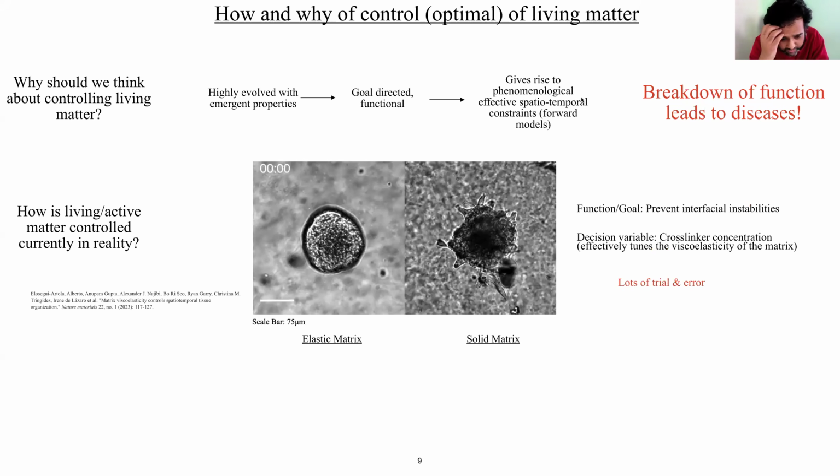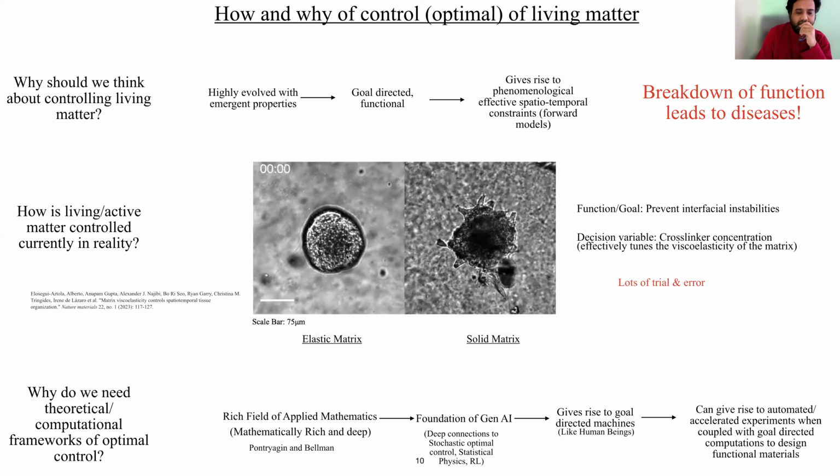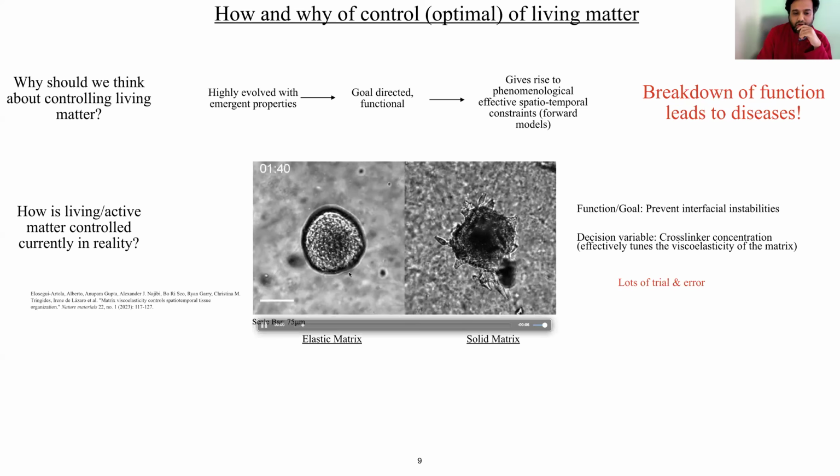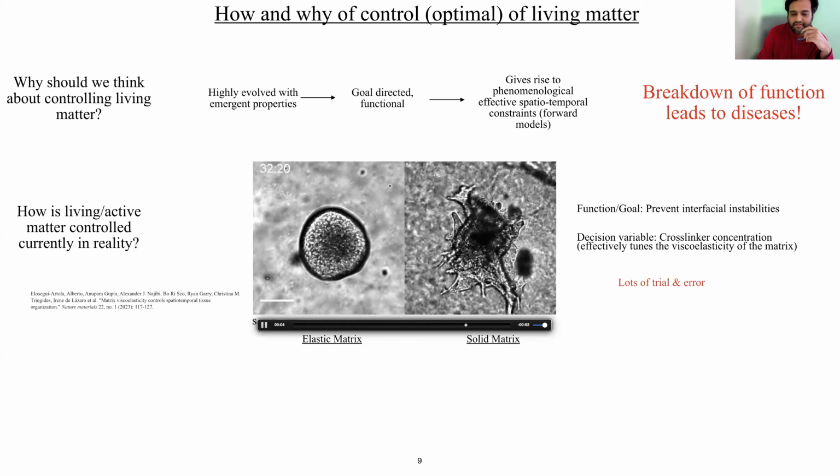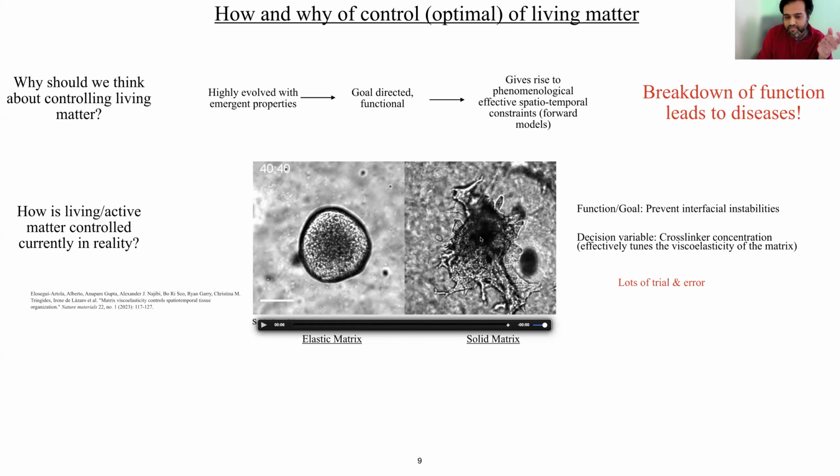Now, how are these experiments traditionally done? Let me give you an example. As I showed before, on the left you have an elastic matrix, and on the right-hand side, you have a solid matrix. The experimentalist has to do a lot of trial and error to design this experiment so that the functionality of this region of space-time is governed.